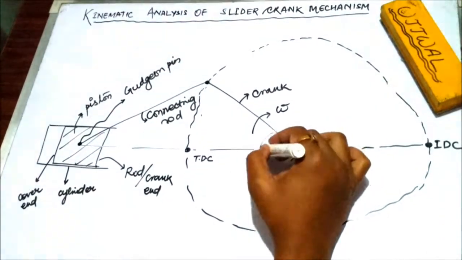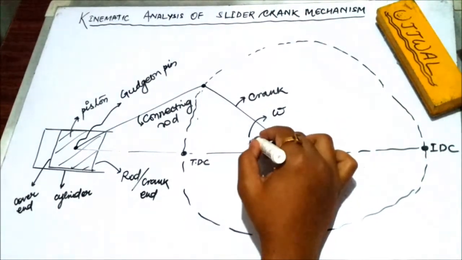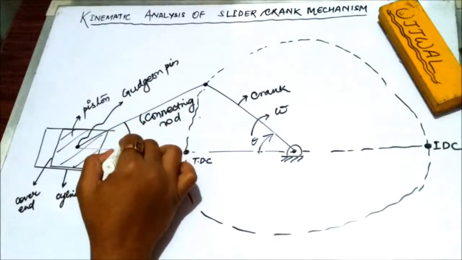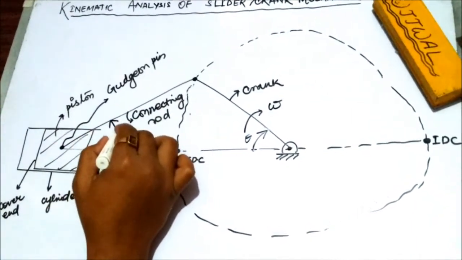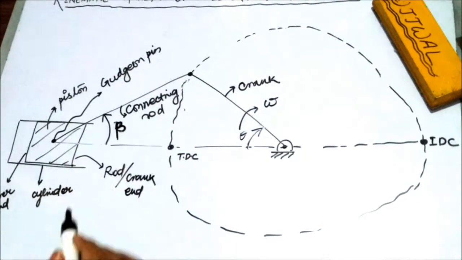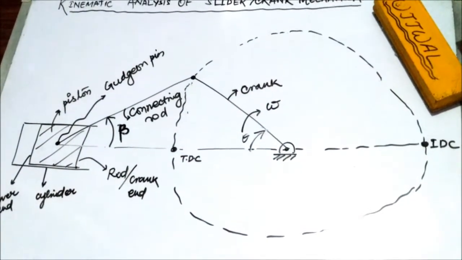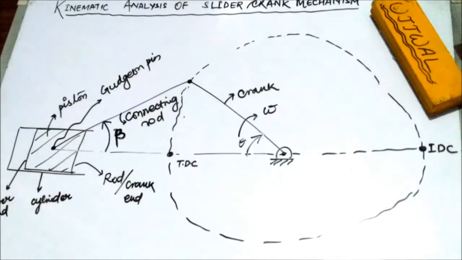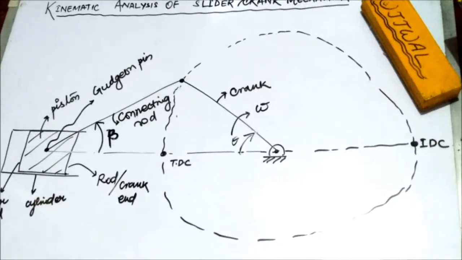Since we have considered it horizontal, I have written inner dead center. Now this angle is theta, and this angle is beta.